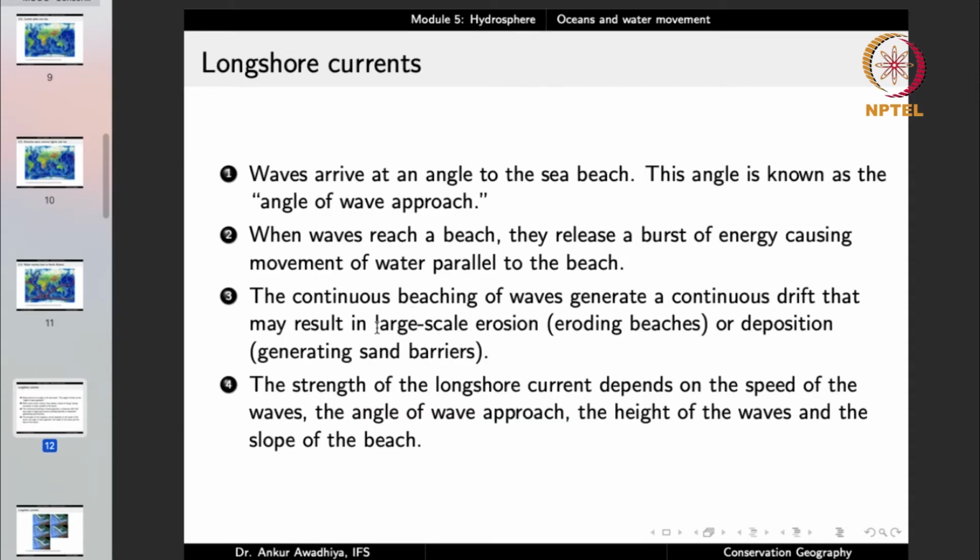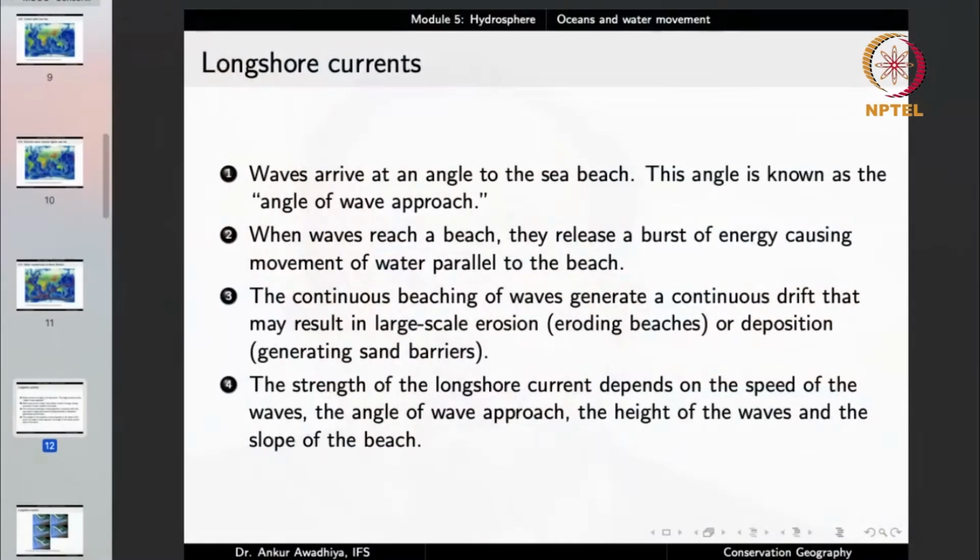Now when the water is moving, it may result in erosion, or it may result in deposition. So what is the water going to erode? The water is going to erode the sand that is there on the beach. So this is a movement of water that is parallel to the beach, and water being a very good geomorphological agent, it will do its regular job, erosion and deposition. So when it erodes away the sand, the beaches will reduce in size.